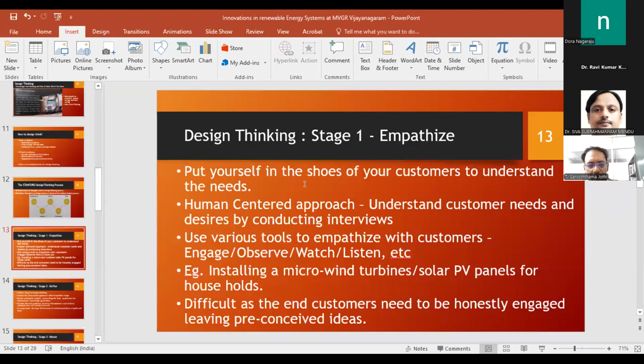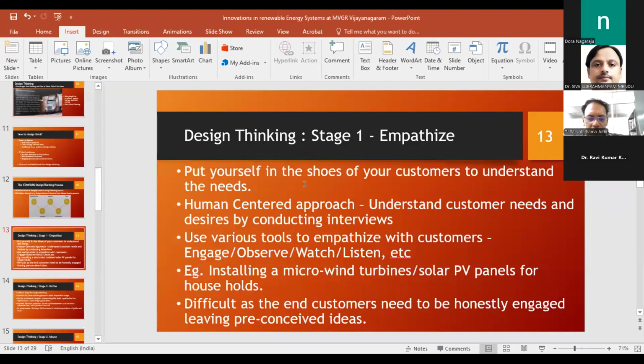Sir, as per my knowledge, IoT is coming up in all sectors, from household to industry. So definitely, IoT will play an important role in the renewable energy sector also.